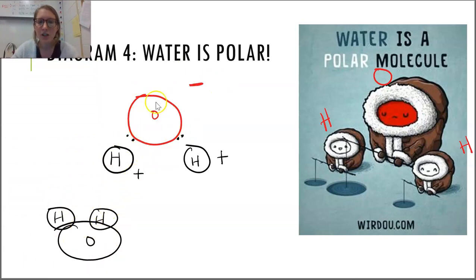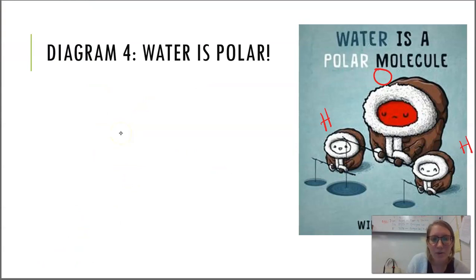Because oxygen has a slightly negative charge up here and hydrogen has a slightly positive charge, if you have a lot of them all together, then they're going to start to orient themselves a certain way. So let's draw that. Okay, so if we were to draw that, let's draw a few of them. So we have oxygen, negative, 2 hydrogens, both positive.